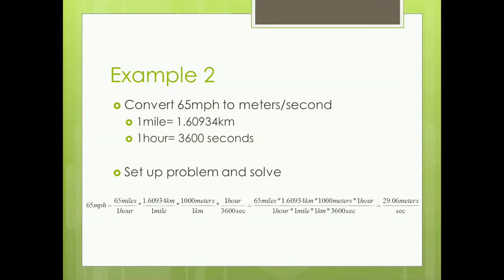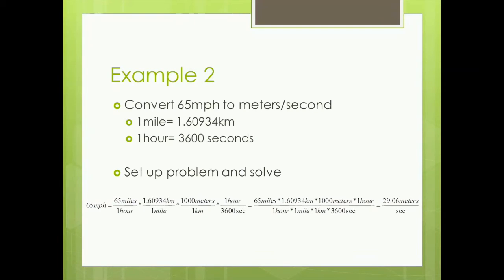The answer is that 65 miles per hour equals 29.06 meters per second. Let's look at the steps. First, we take 65 miles per hour, multiplying it by the first conversion factor, 1.60934 kilometers per mile. Then, we convert kilometers into meters, based on the prefix chart listed earlier on in the video. 1,000 meters equals 1 kilometer.